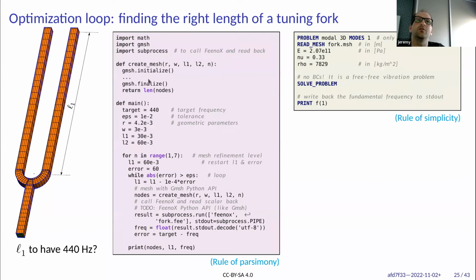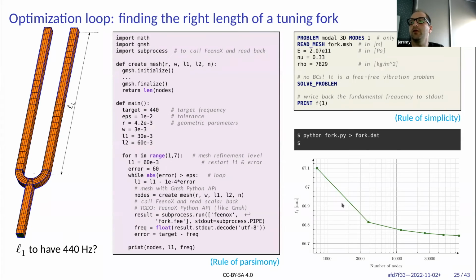So in this case, we can do some Python. I'm not going to go into the details, but the input file is really simple. It loops and creates a new mesh for different lengths of L1. And when you plot it, as you iterate, you converge to a length that will give you the 440 Hertz.